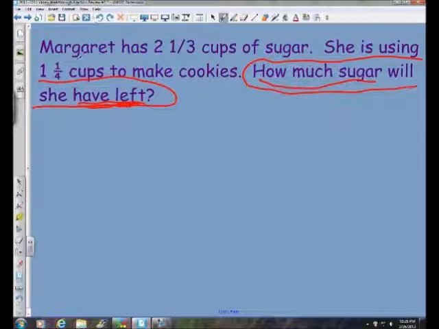First sentence, Margaret has 2 1/3 cups of sugar. So 2 1/3 cups sugar. Okay, that's probably pretty important, that mixed number. And second sentence, she is using 1 1/4 cups to make cookies.